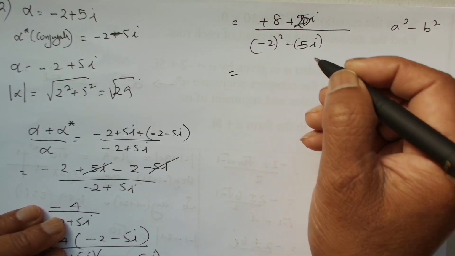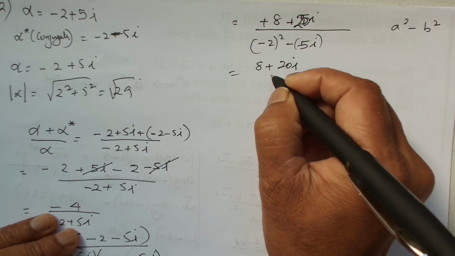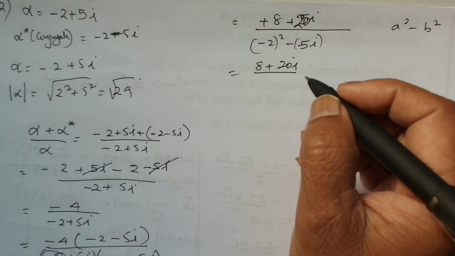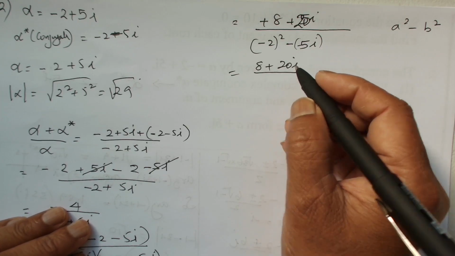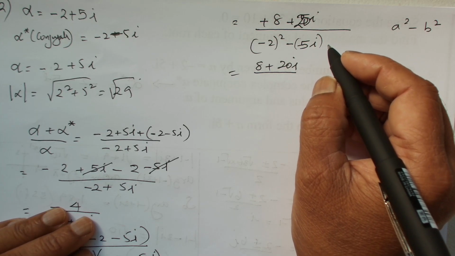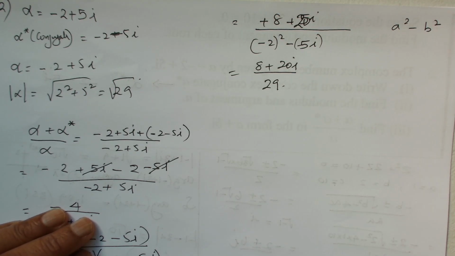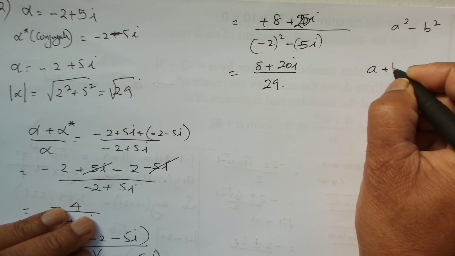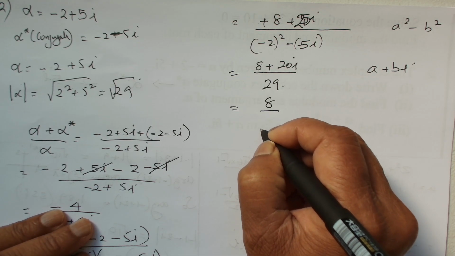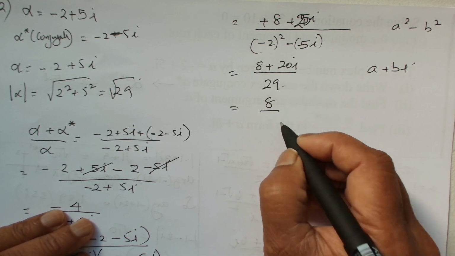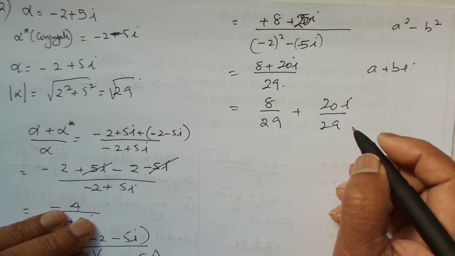If you simplify that, that will give you 8 plus 20i over 4 plus 25, which is 29. The other answer, they want in the form of a plus bi. So the answer is going to be 8 over 29 plus 20i over 29. So that will be the final answer.